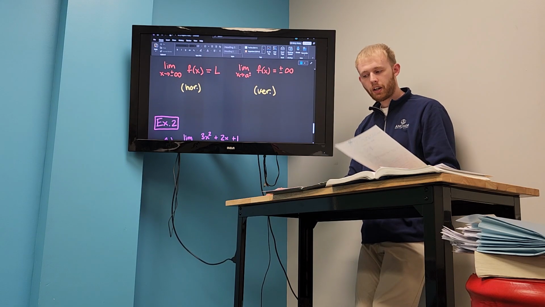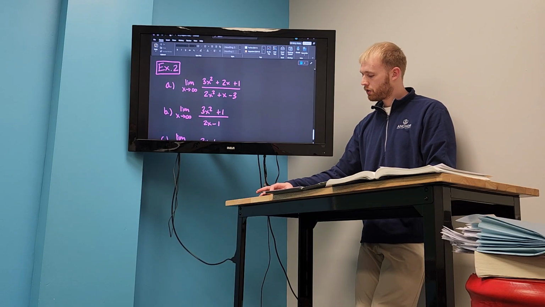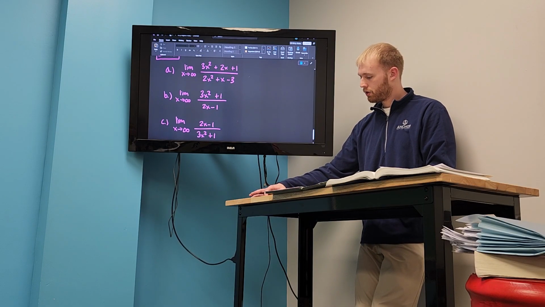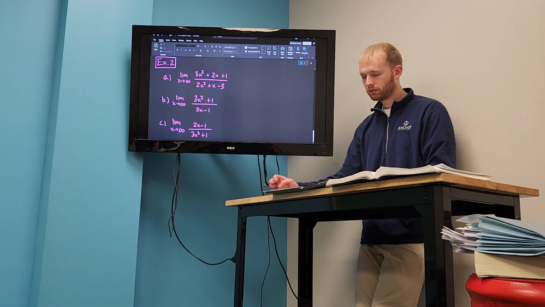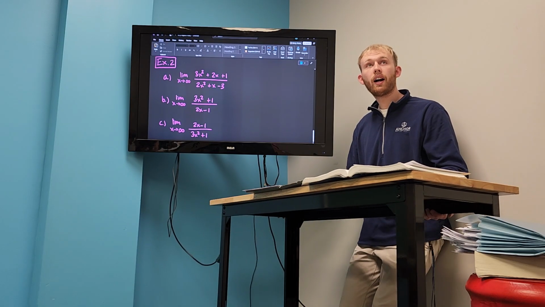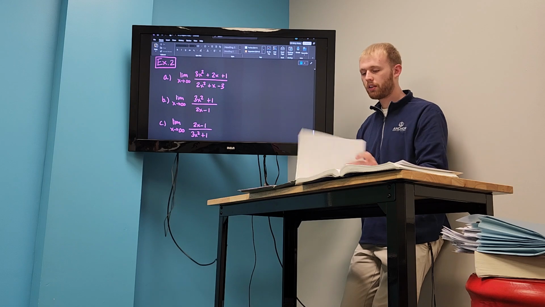Okay? Great. Let's use the same logical process that we did for that problem in orange right here for you to solve these limits.